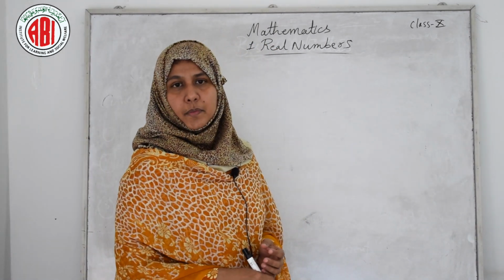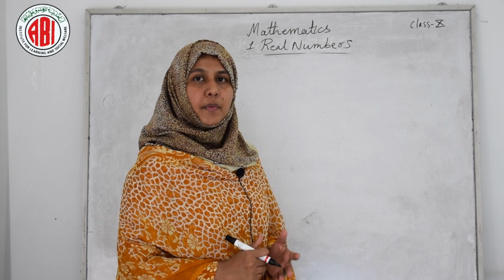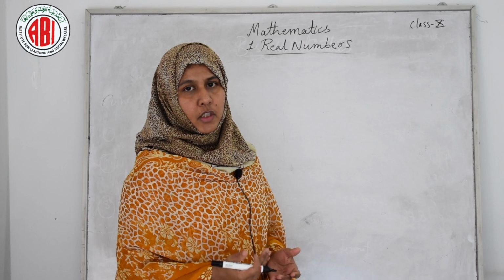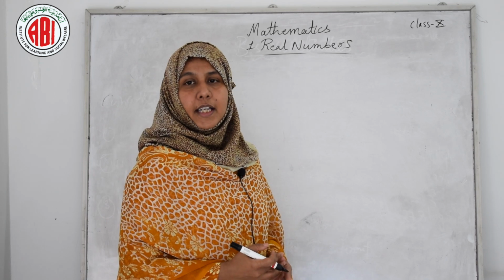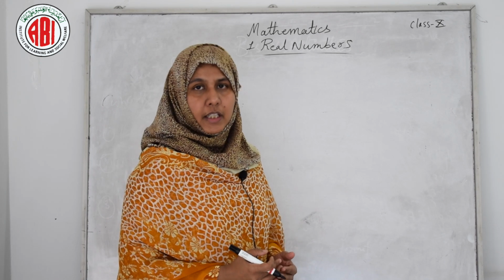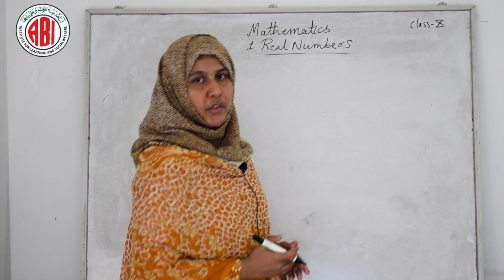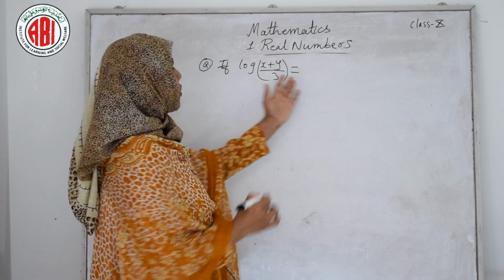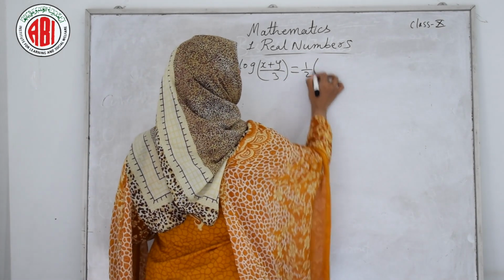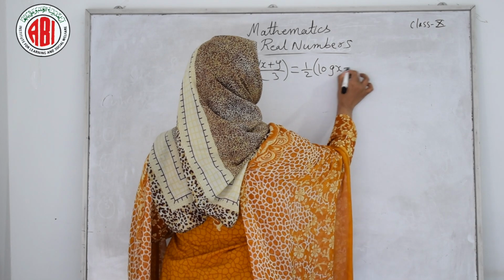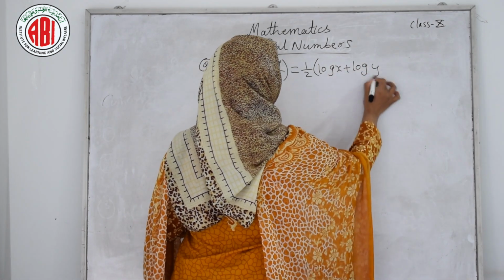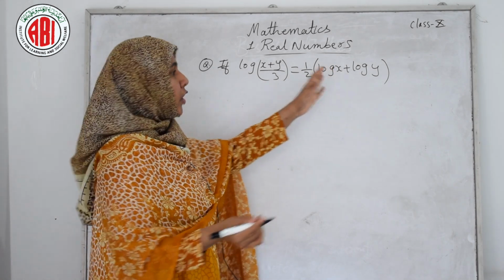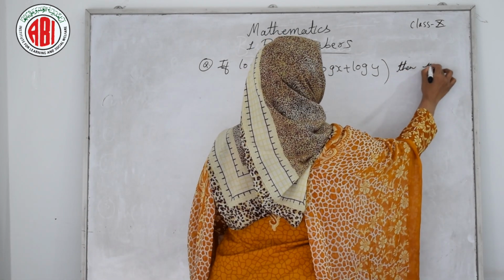Now we have another problem: if log of (x plus y) divided by 3 equals half into (log x plus log y), then find the value of x by y plus y by x. This is the problem, how we have to prove it. This condition is given, that means this is equal to this.